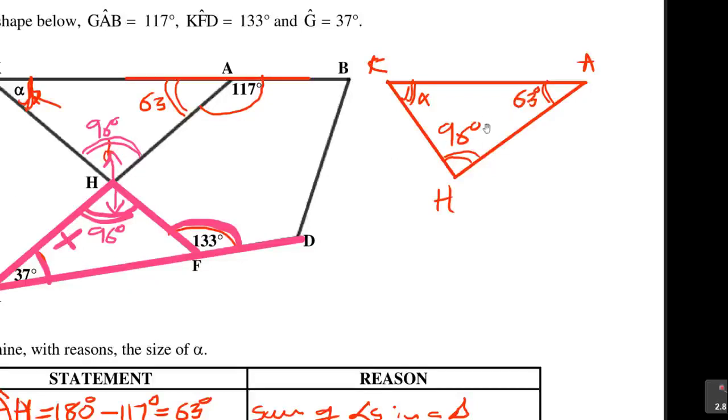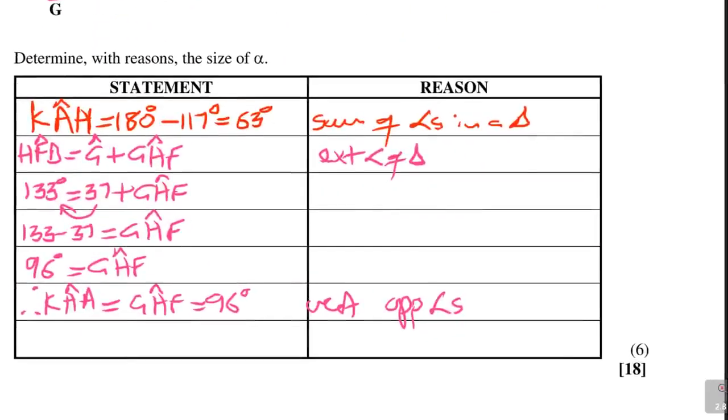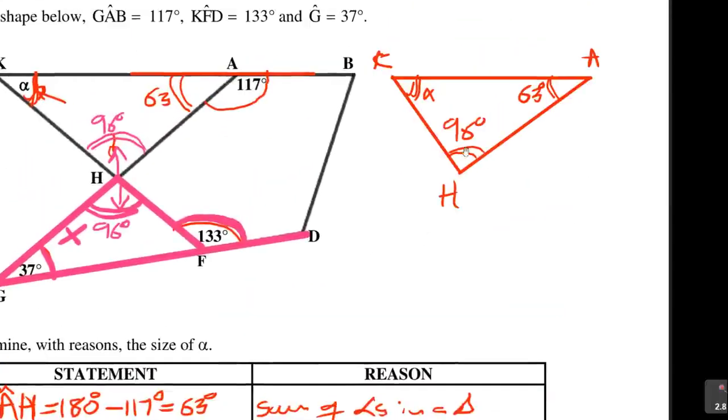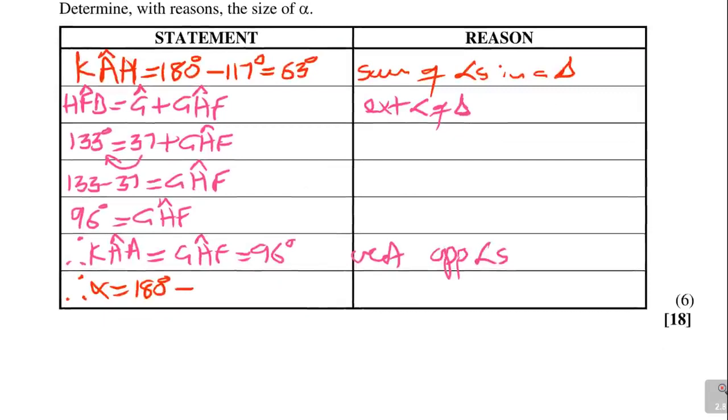Or if I subtract these two from 180, then therefore alpha is equal to 180 degrees minus 96 degrees minus 63 degrees, sum of interior angles of a triangle, just to be clear.